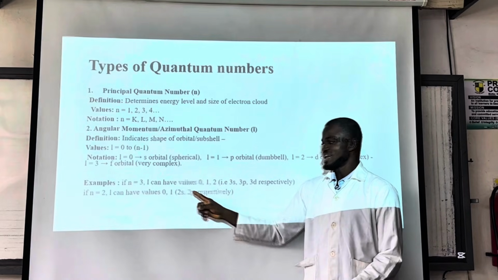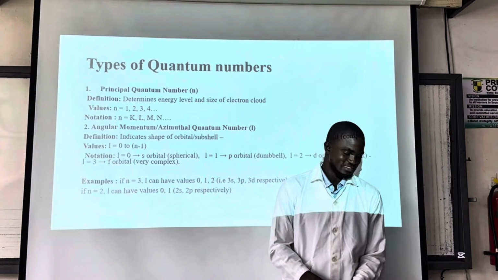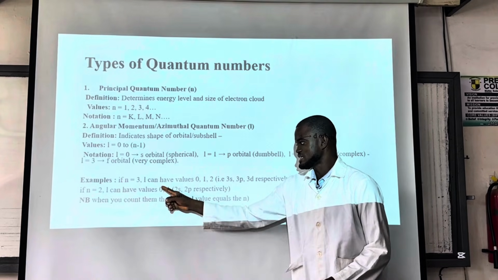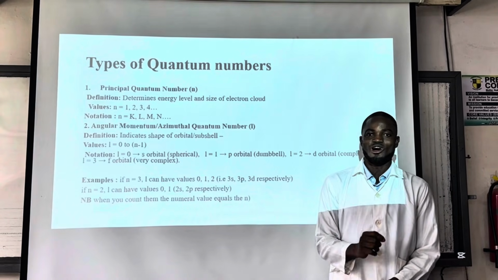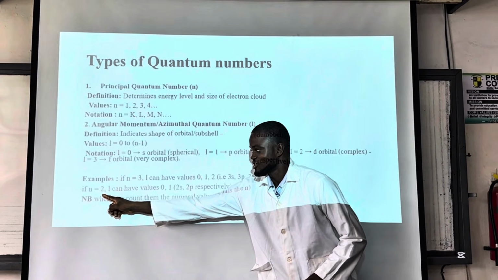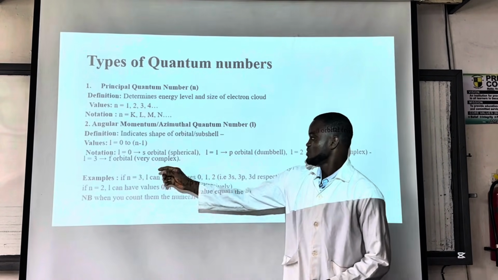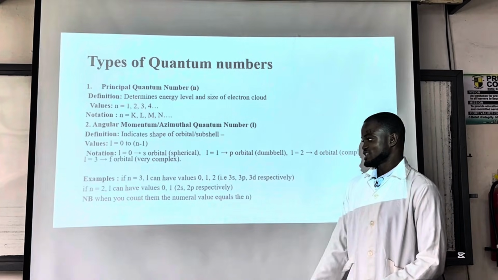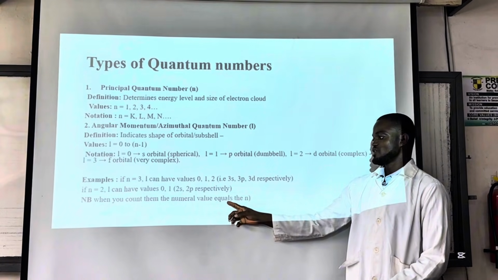We have s and p orbitals in the second shell. I must note that when you count them, it's equal to the numerical value of n. For example, 1, 2 is equal to 2. And here too, 1, 2, 3 is equal to 3. So that is why when you count them, the numerical value equals n.